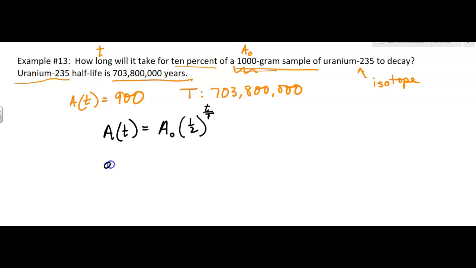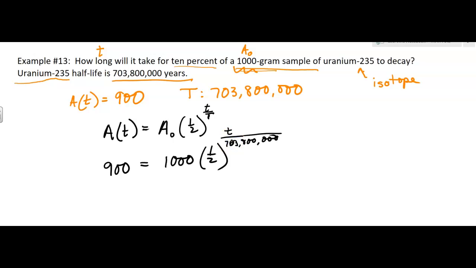So we want 900 grams. We're starting with 1,000. And then our little t, that's what we're trying to figure out. And then the large T is 703,800,000. We're going to do some calculator work here.